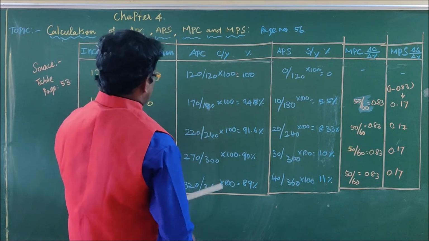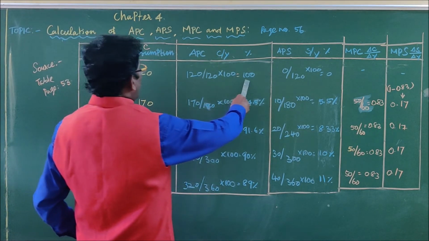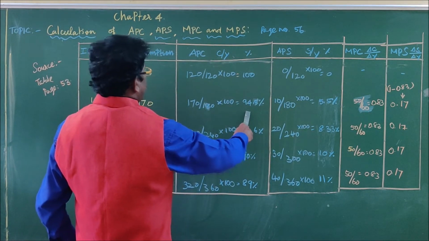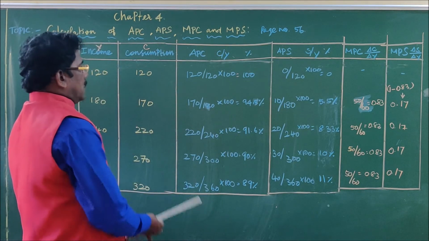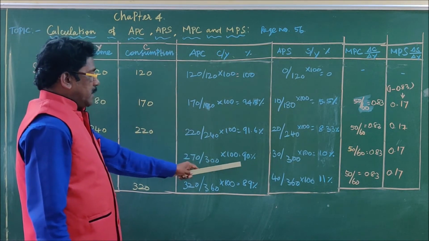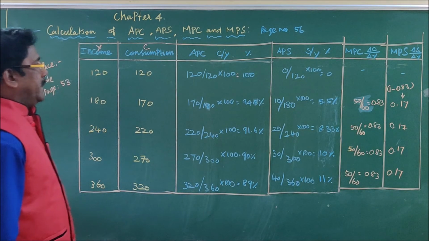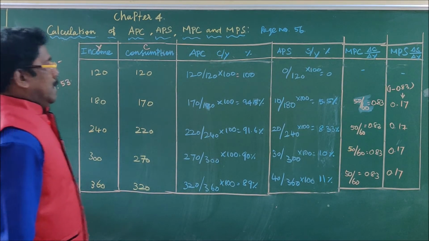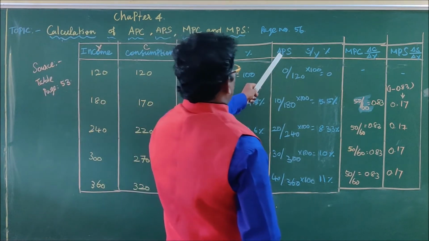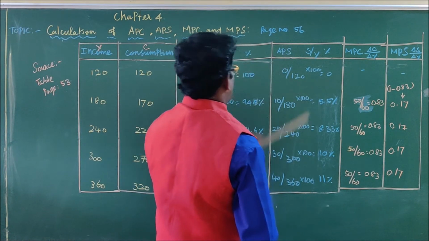The values are 100 percent, 94.5 percent, 91.6 percent, 90 percent and 89 percent, gradually decreasing APC.